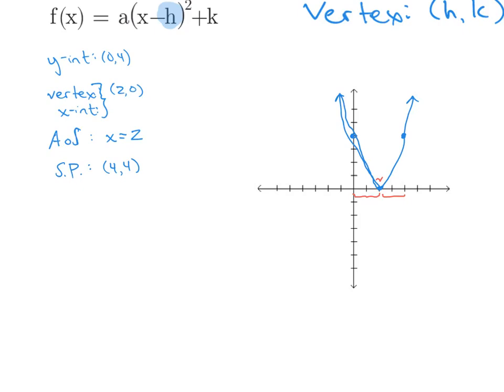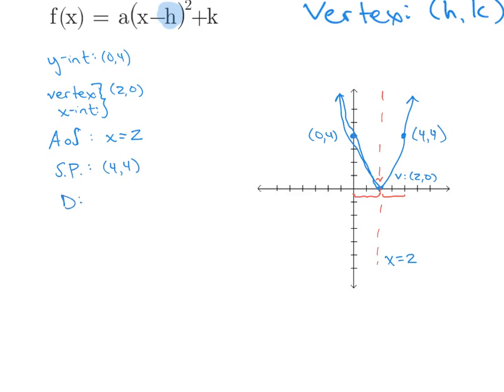I'm going to go ahead and draw my axis of symmetry and label. So we got x equals 2 as our axis of symmetry. Our vertex is 2, 0. And our two symmetric points are 4, 4 and 0, 4. We also want domain and range.